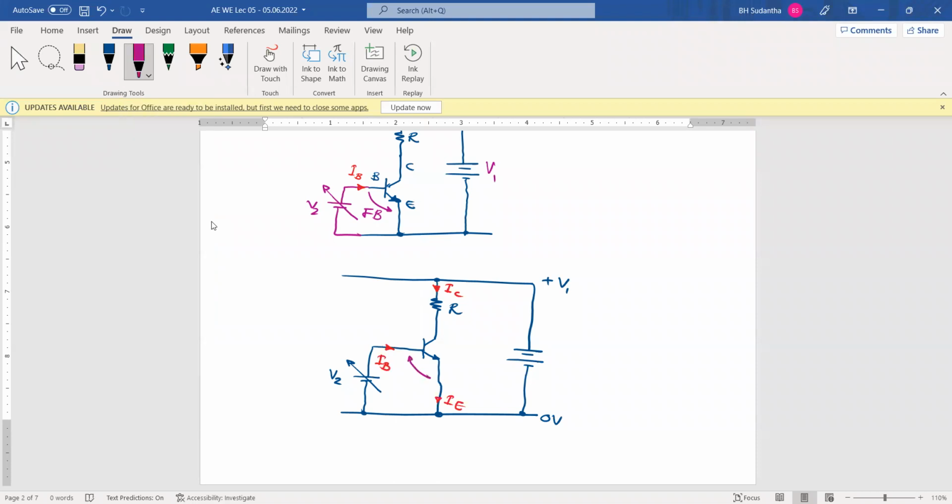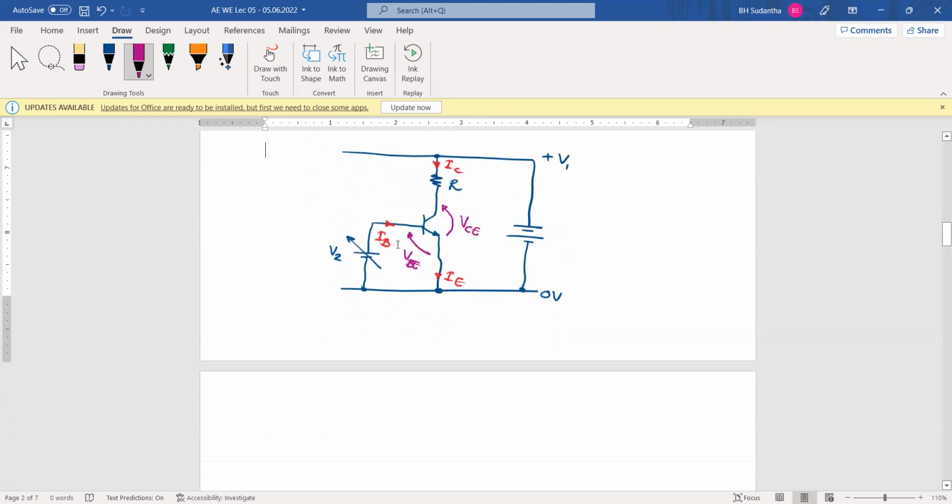What is this voltage? VBE, the base to emitter voltage. And after that, we have this voltage also. This is the collector to emitter voltage, VCE.